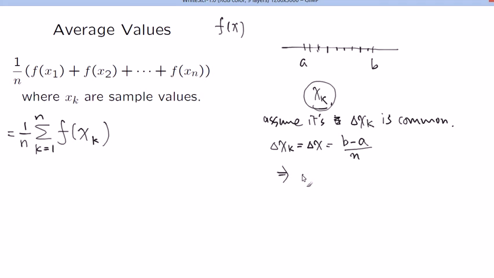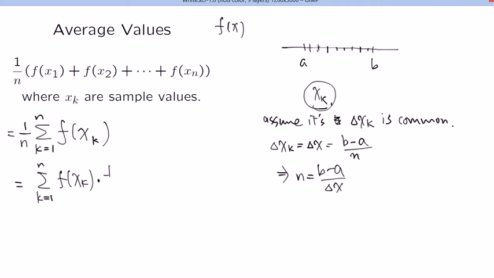Here we can solve this for n. What is n here? It's b minus a divided by delta x, right? That's what you get if you solve this thing for n, correct? Since 1 over n is not varying as k goes through 1 through n, we can bring that inside by linearity, right?